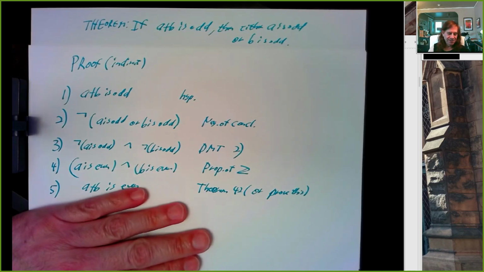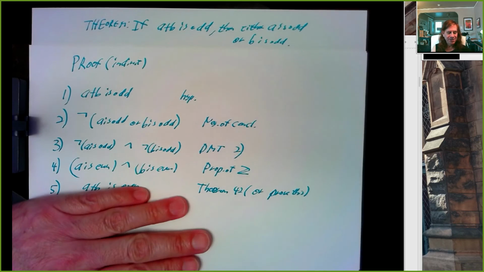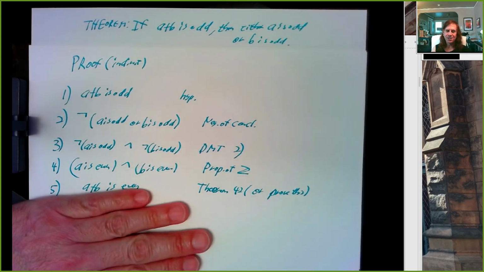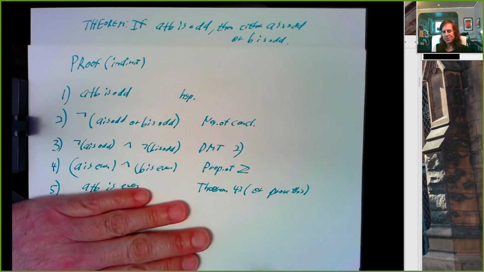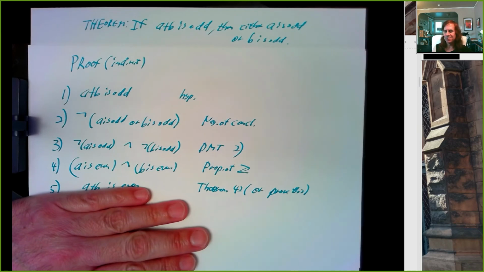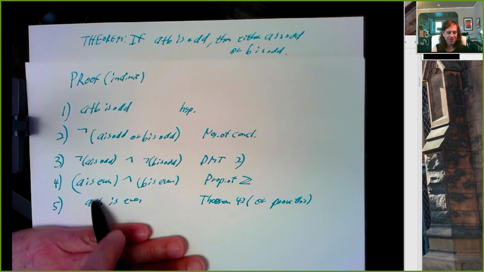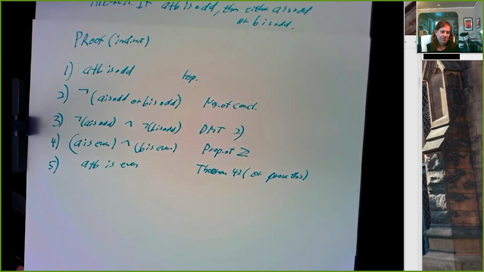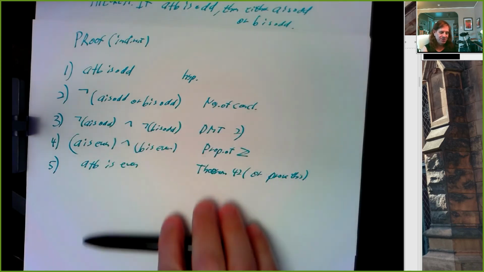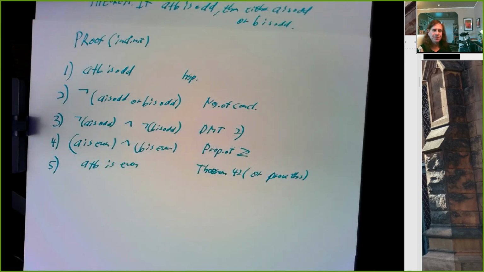Instead of writing this, A is even and B is even, I would go ahead: step 5, A is 2 times K. Step 6, B is 2 times J. Step 7, A plus B is this. Step 8, A plus B is even. And you could put a little dotted line or something. You could indent it if you wanted, but I would definitely just keep continuing it, numbering it sequentially as part of the proof, even though it's kind of a subproof on its own.